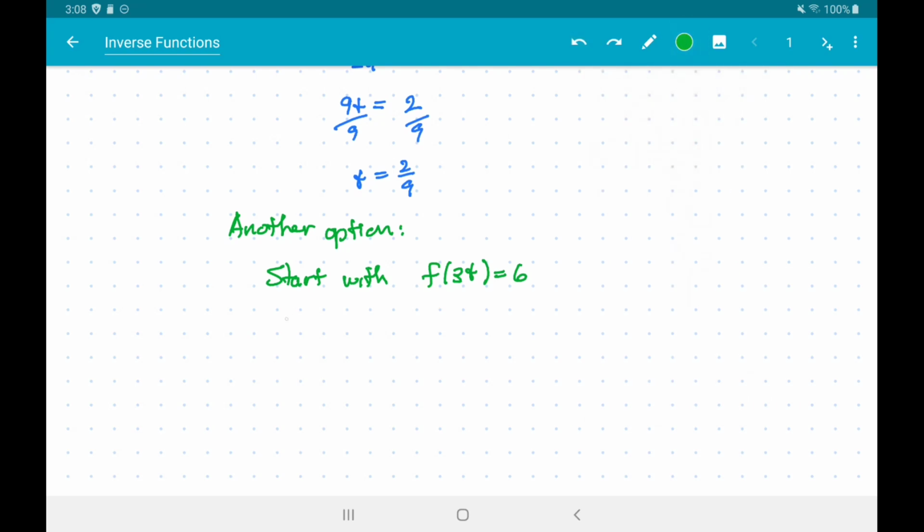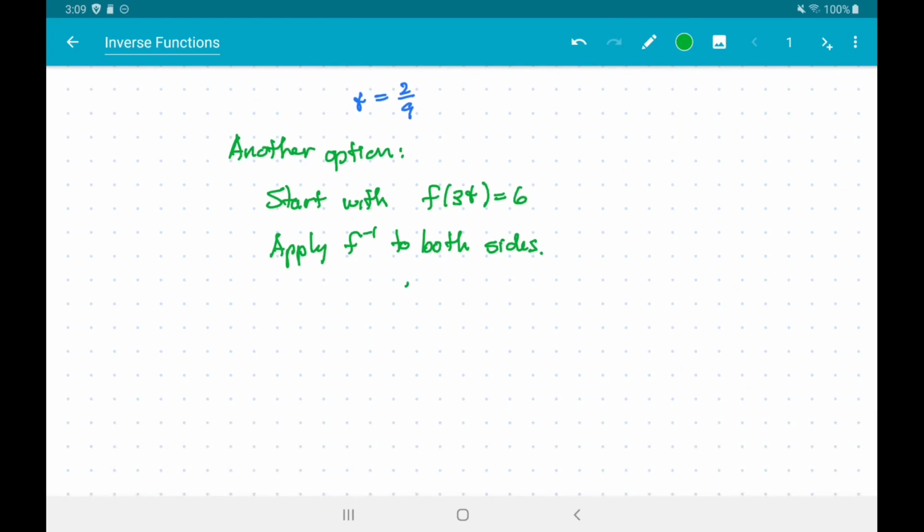Well, let's apply f inverse to both sides. Okay, so f inverse of f of 3t equals f inverse of 6. F inverse undoes f. So the left-hand side simplifies down to just 3t.